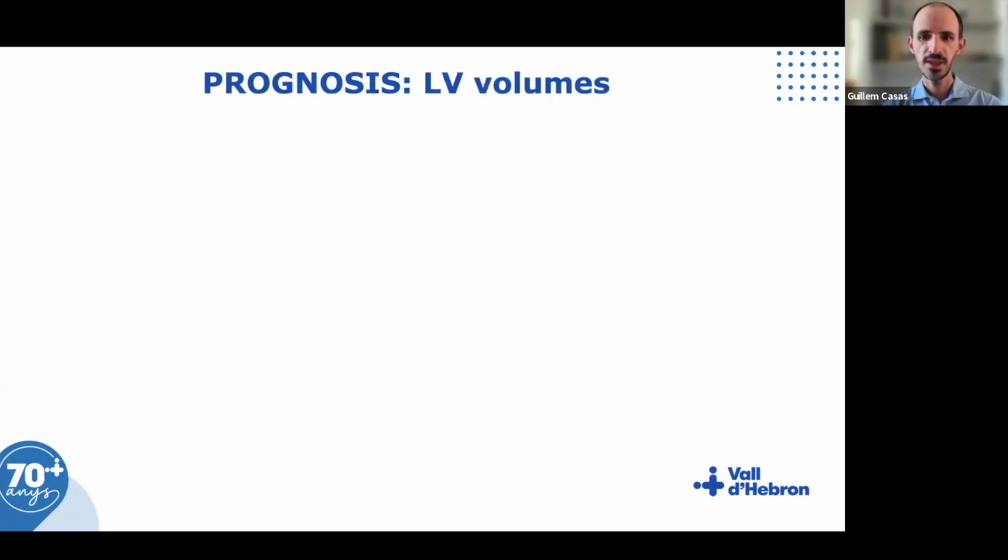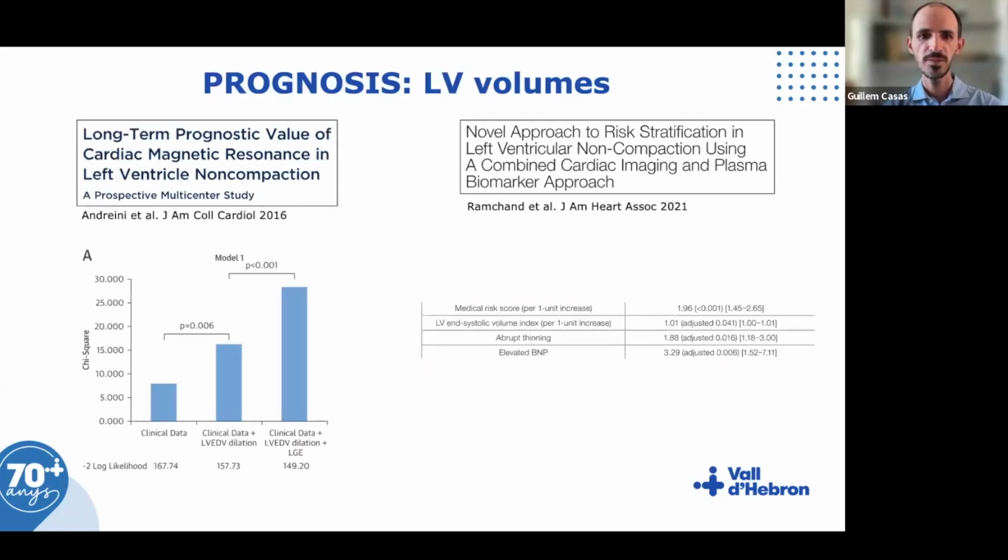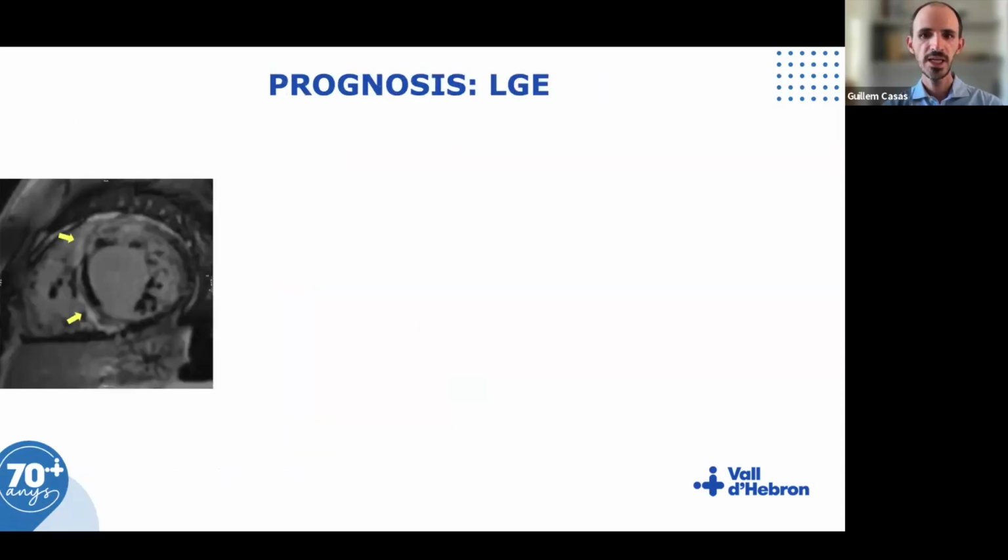The same can be said about LV volumes, and those patients with dilated left ventricles have a higher risk of adverse events irrespective of ejection fraction, late gadolinium enhancement, and clinical variables. Again, as expected and in line with other cardiomyopathies, late gadolinium enhancement was also a powerful and consistent predictor of outcomes.